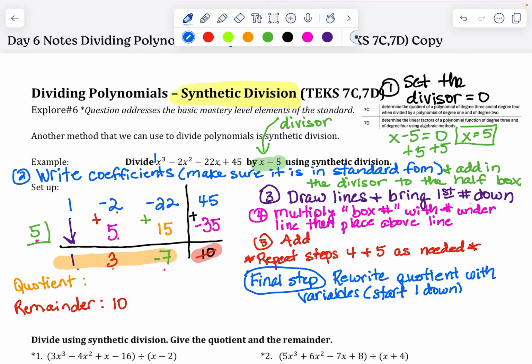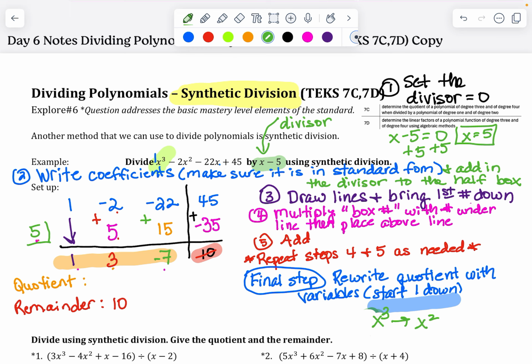So in other words, our first variable in this problem was an x to the third. So if I start one down from x to the third, that means I'm starting with an x squared.